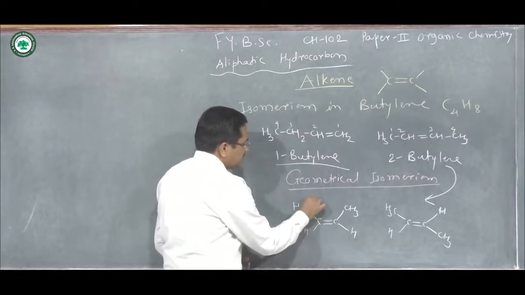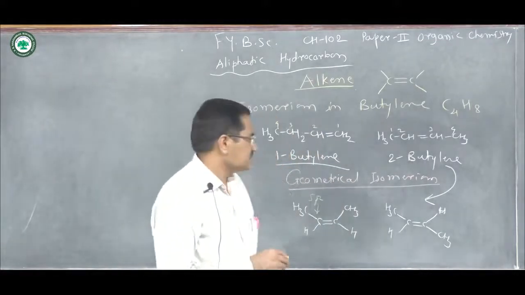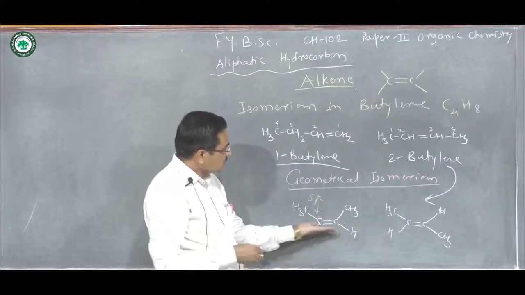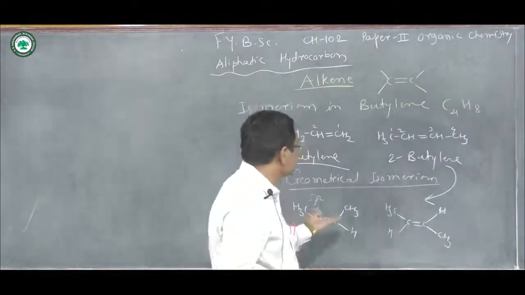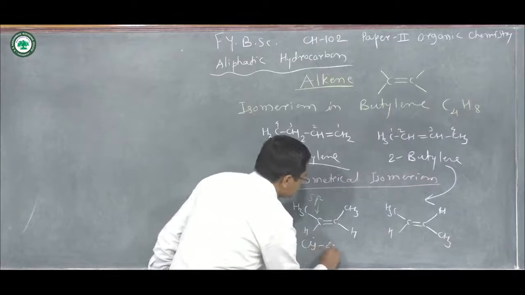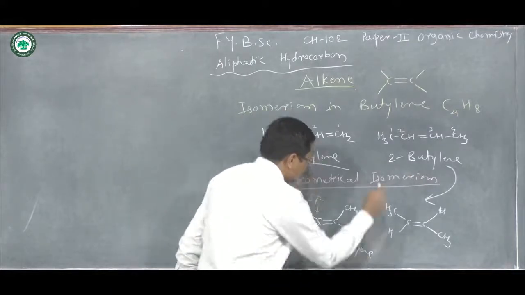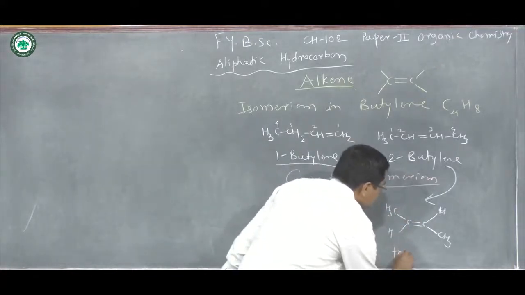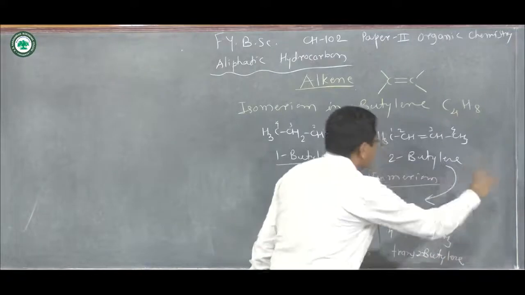Here this carbon atom is sp2 hybridized, and hence the geometry is trigonal planar, and hence here we consider the plane of carbon-carbon double bond, and when same groups are present on the same side of this plane, then this is called as cis 2 butylene, and when these CH3 groups are present on the opposite side, then this is termed as trans 2 butylene.